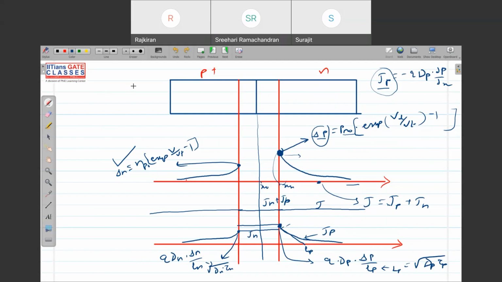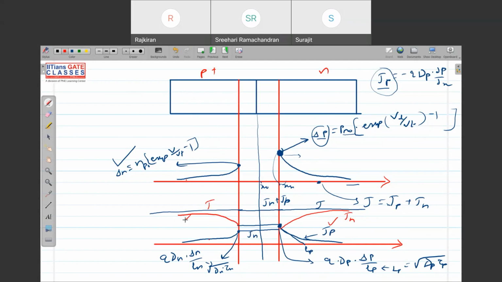If you go a little far from the junction, the diffusion current due to holes decreases and the current due to electrons increases. Similarly, the current due to holes in the P region will be J minus Jn, so it will be like this.